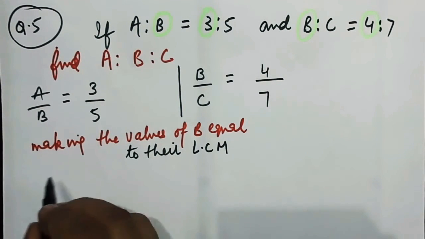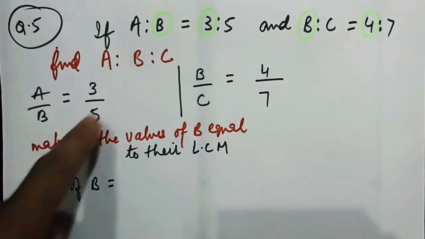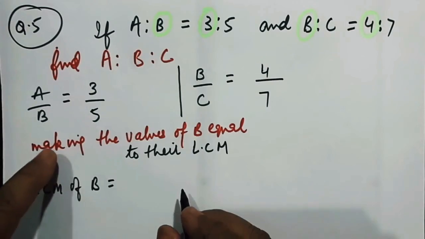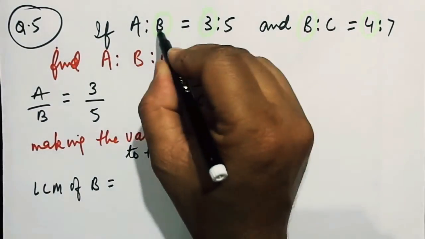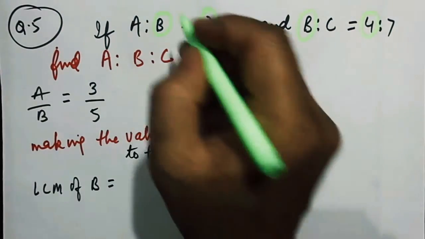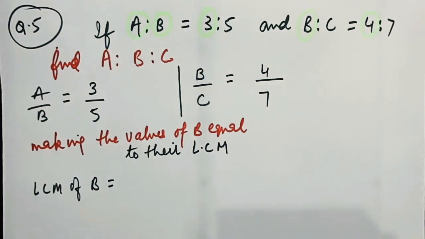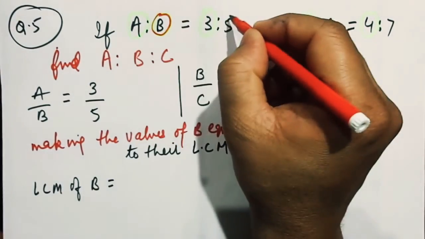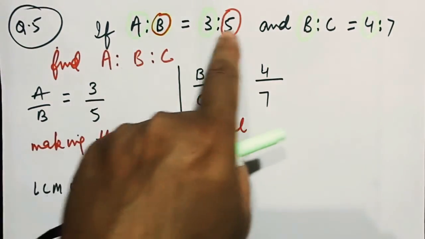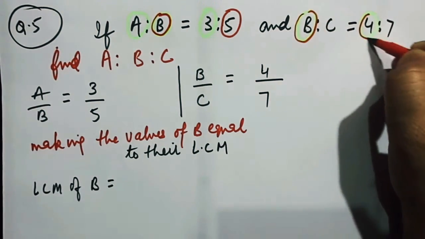So the LCM of B means, here this B is 5, isn't it? One B is over here and the other B is over here.